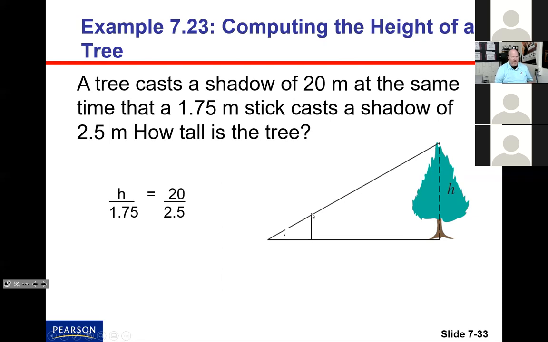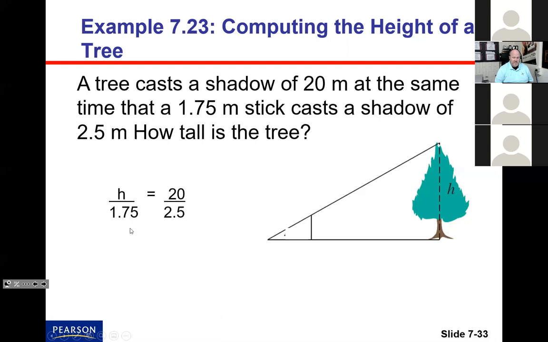And we have a stick here, and we know the height of the stick. The stick is 1.75, and it casts a shadow of 2.5 meters. So we can actually create a proportion. We can figure this out mathematically to find the height of the tree without having to measure it, which we can't do because it's really tall.